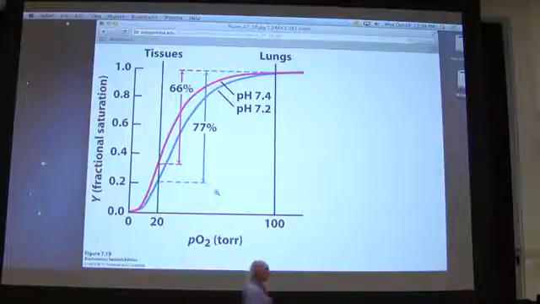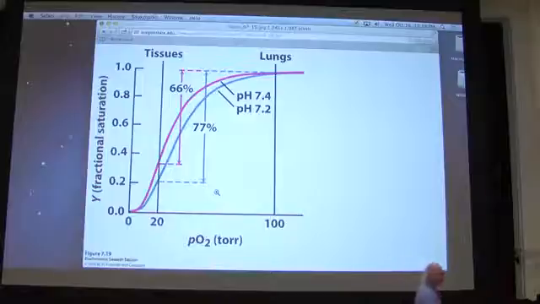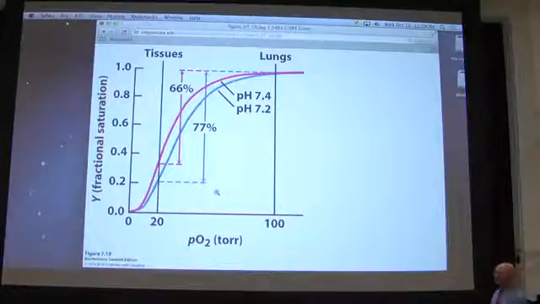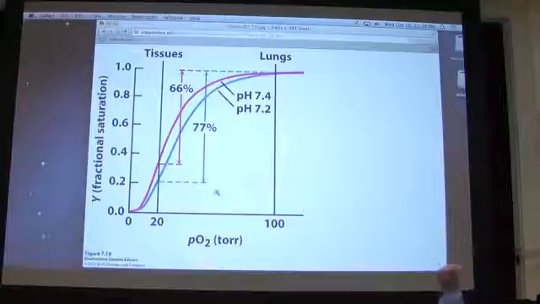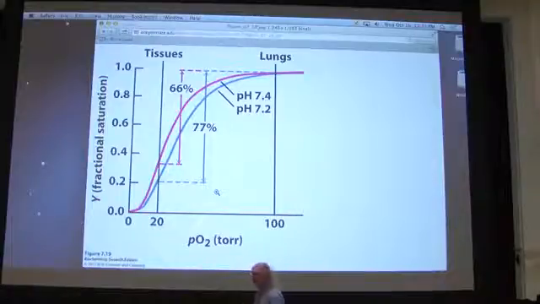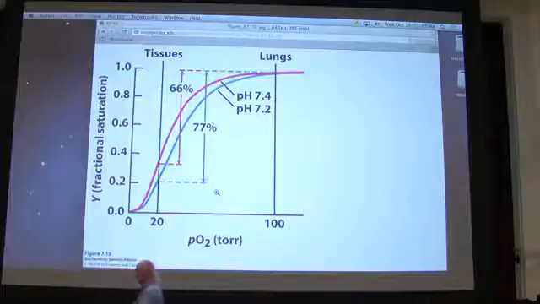If he took hemoglobin at pH 7.4 and he plotted its curve of binding, he got the red curve that you see above. And if he took the same hemoglobin and he put it at pH 7.2 and measured its binding curve, he saw that it shifted to the right. What does shifting to the right mean? It's letting go. It's got lower affinity for oxygen.